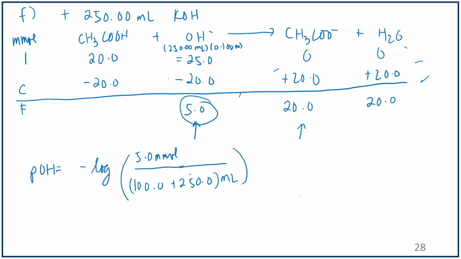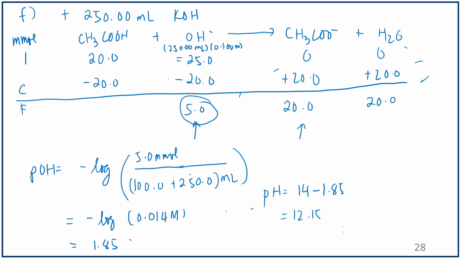This will give you negative log of 0.014 molar, and that should be 1.85. And finally, to solve for pH, pH is just 14 minus 1.85. That's equal to 12.15. All right.